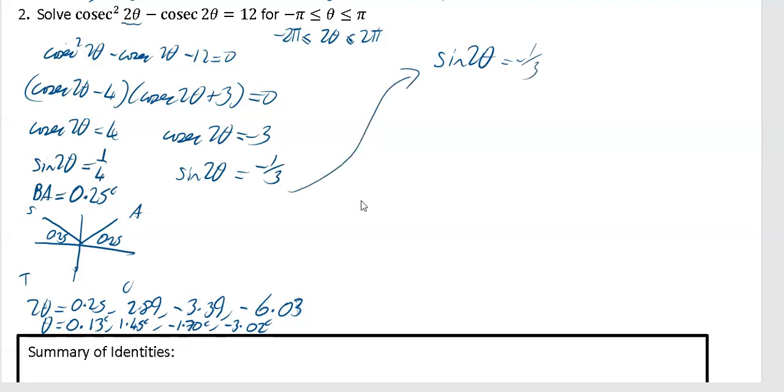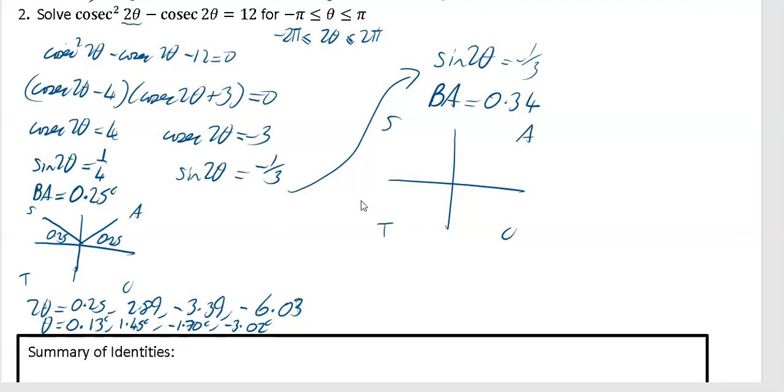So I'll just tidy this up here. It's a mess. But we'll say our basic angle then, if you do sine to the minus 1 of just positive 1/3, you will get 0.34. So do your diagram out, your CAST diagram. Don't label the axes anything except for your CAST in the quadrants.